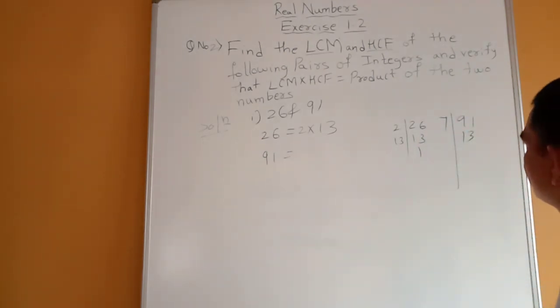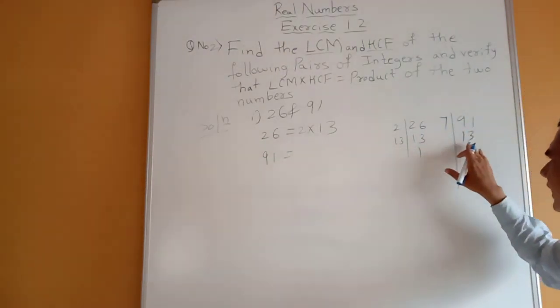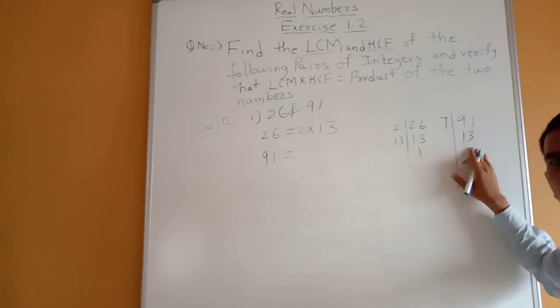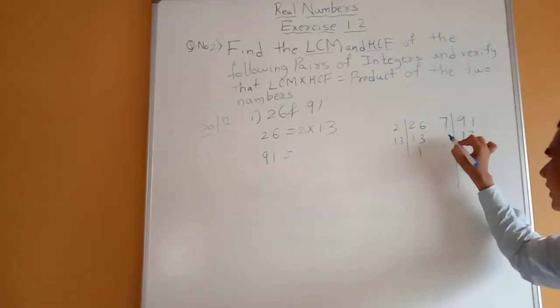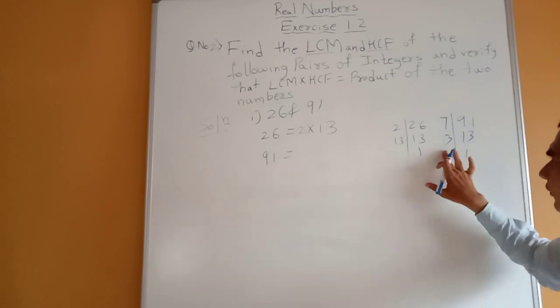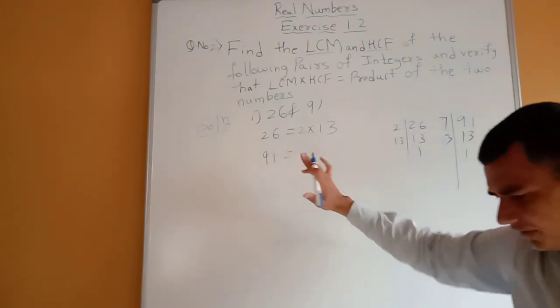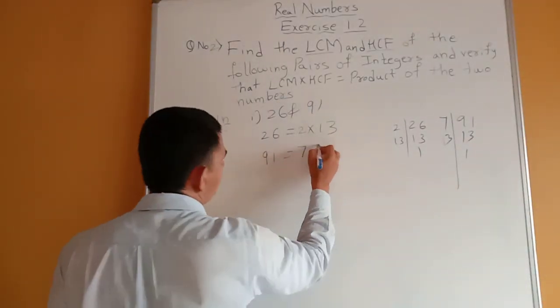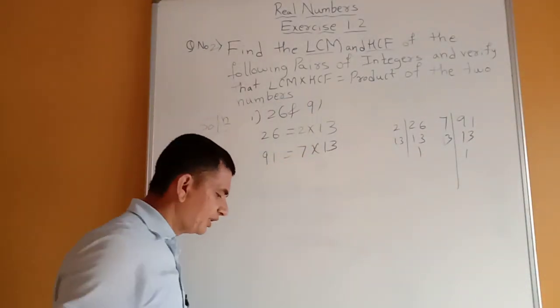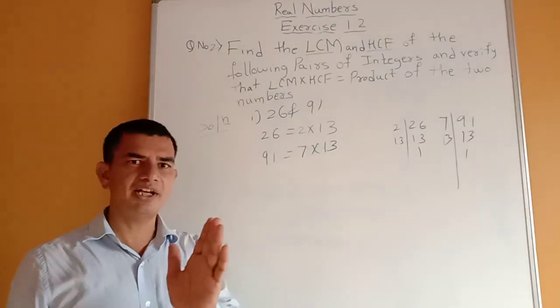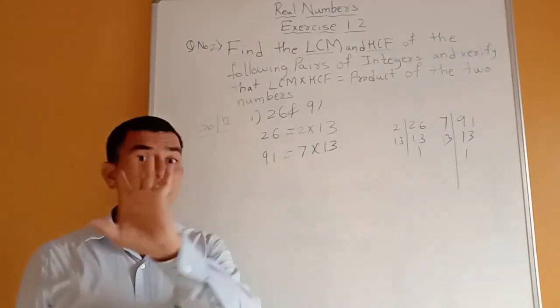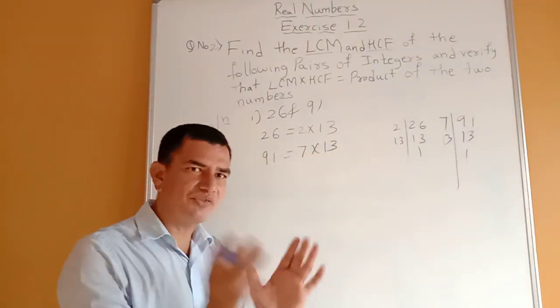Now see students, here 13 you already know is a prime number. So we can take directly 13 ones are 13. So what are the factors we can take from 91? 7 into 13. So write here 7 into 13. After this step you have to remember which are the common factors.